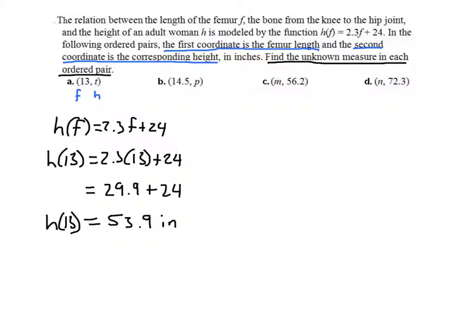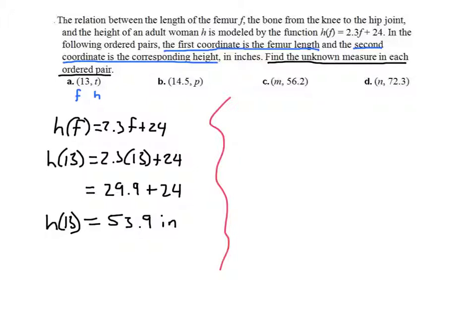Okay? Questions? That's all you're doing. Plug it in, solving for the missing coordinate. Okay? So we do the same thing for B, but let's take a look at C.